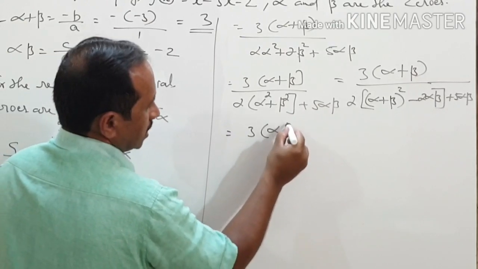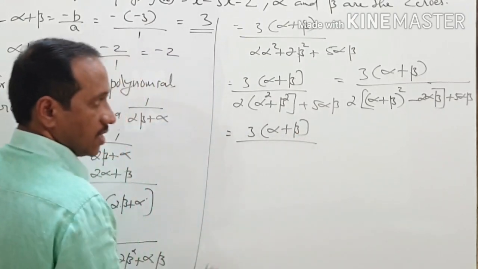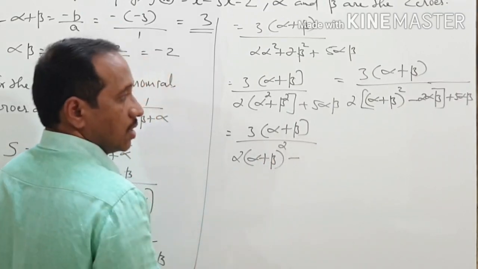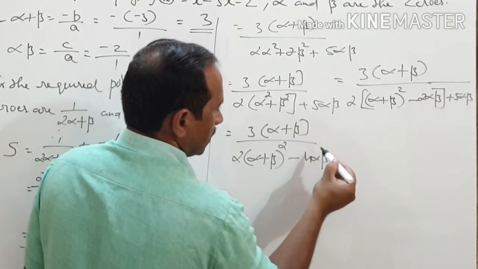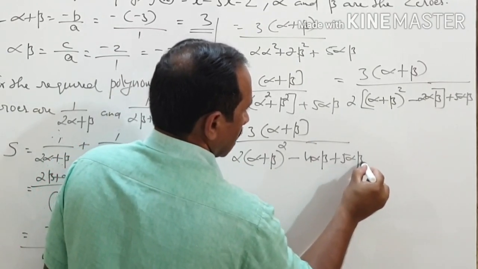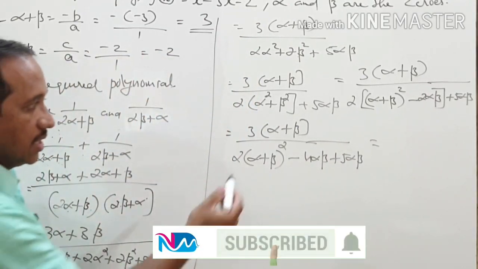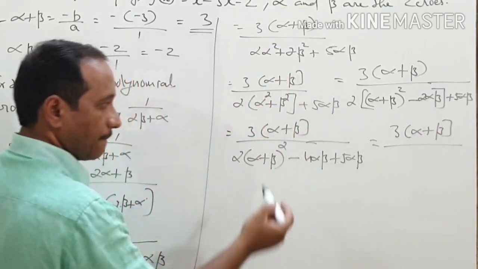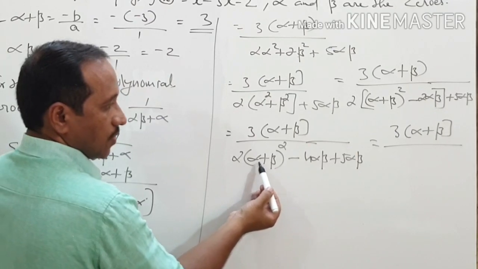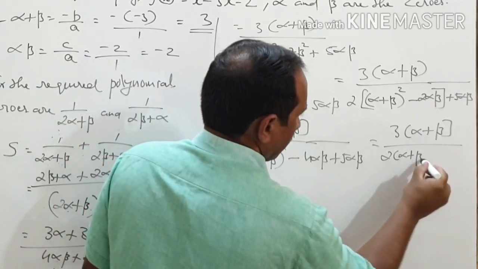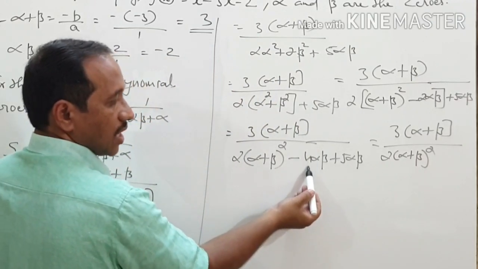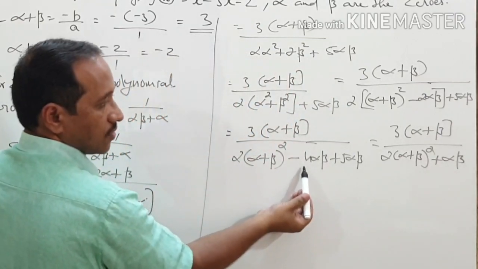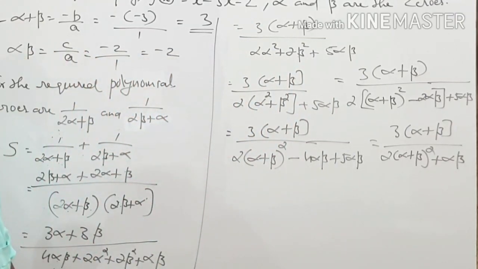The numerator has not changed, 3 into alpha plus beta, divided by 2 into alpha plus beta the whole square minus 2 into 2, 4 alpha beta plus 5 alpha beta. So finally the numerator is 3 into alpha plus beta divided by 2 into alpha plus beta the whole square, minus 4 alpha beta plus 5 alpha beta is plus alpha into beta.